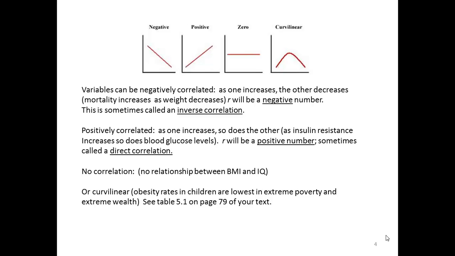Sometimes data can be curvilinear. For example, we know that obesity rates in children are lowest at extreme poverty and extreme wealth. So looking at our last graph there on the right, if our x-axis was a predictor, you could see how it correlates with the y-axis in a curvilinear fashion.